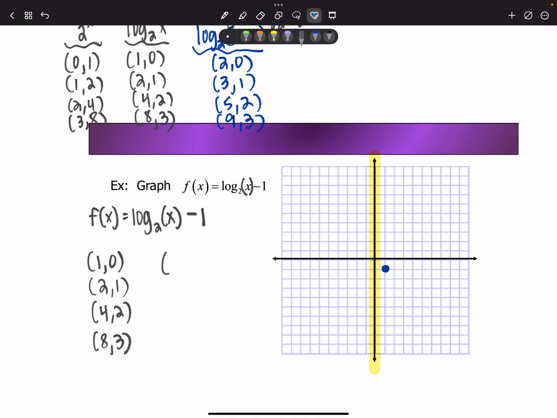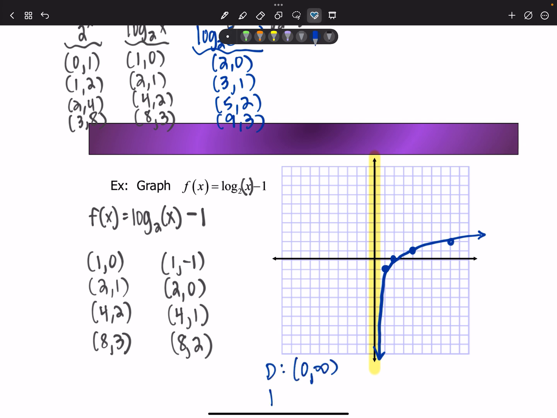And down 1 would be 1, -1, 2, 0, 4, 1, and 8, 2. So my graph looks like that. I have a domain from 0 to infinity, a range from -infinity to +infinity, an x-intercept at 2, 0, and a vertical asymptote still at x equals 0.